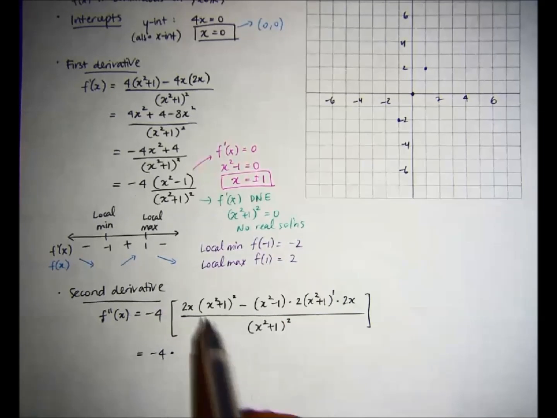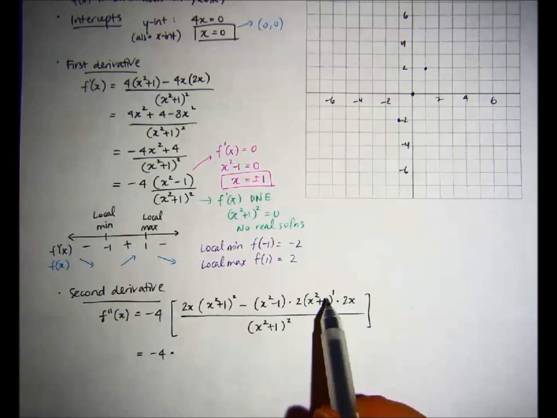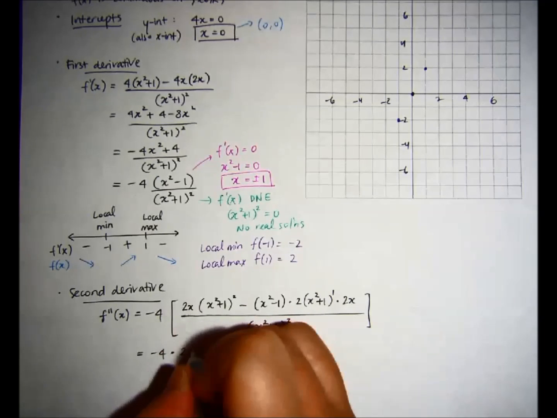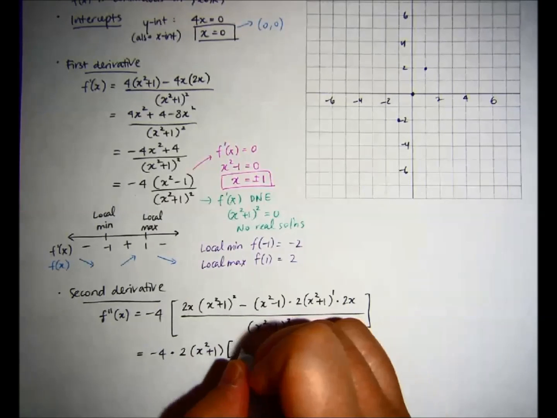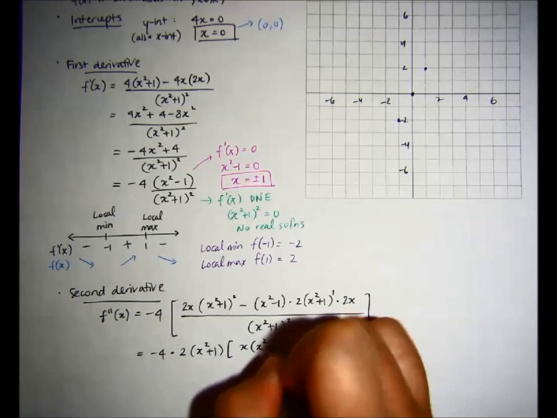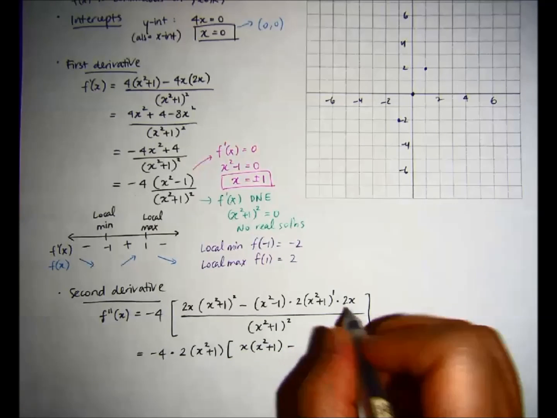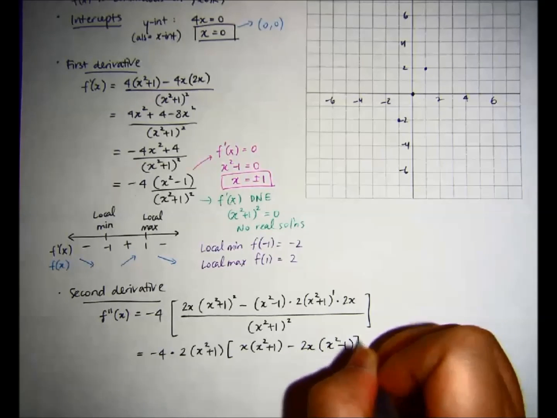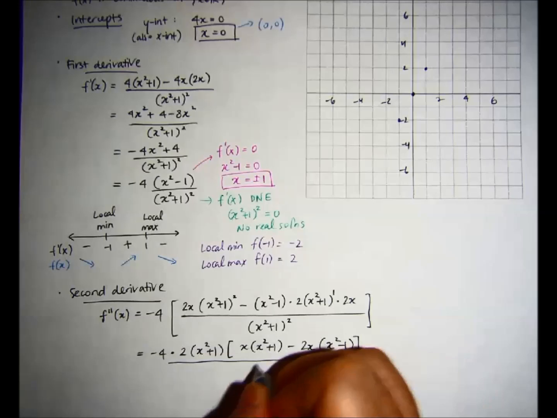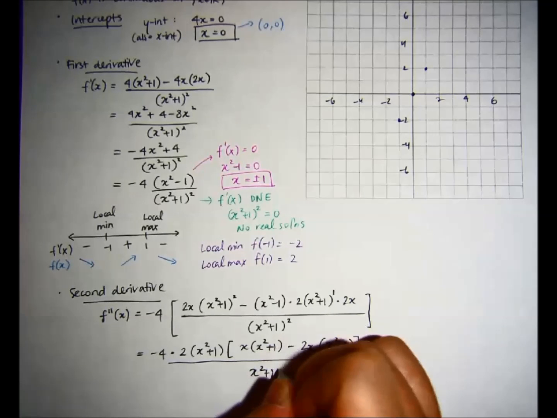Okay, so now let's see, we have a 2 and an x squared plus 1 here. We have a 2 and an x squared plus 1 here, so we might as well factor that out. Then we are going to be left with x times x squared plus 1 minus this 2x times x squared minus 1, all of that over x squared plus 1.